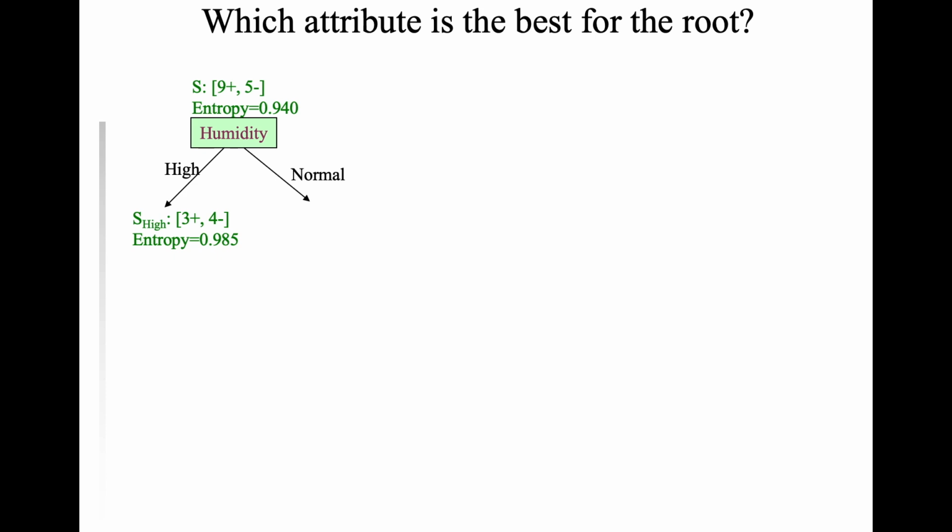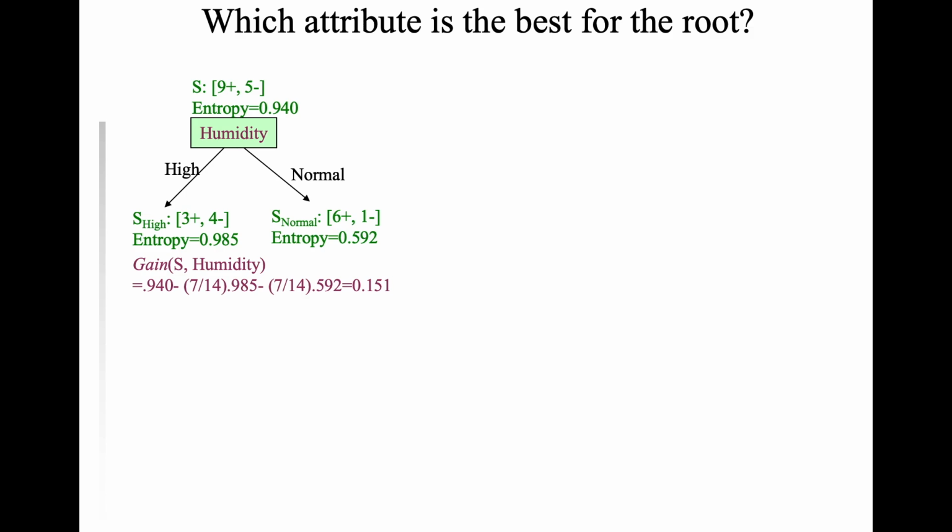And then we did the same for humidity normal. So in our table, we have 14 days, 7 with humidity high, 7 with humidity normal. Among those 7 instances with humidity normal, 6 of them have class label yes, 1 of them has class label no, right? So it's 6 plus, 1 minus, and the entropy is calculated as what?